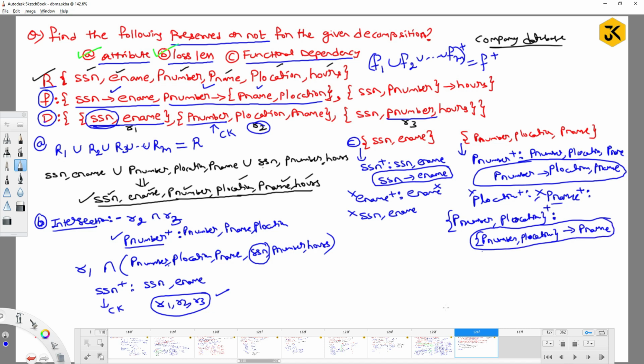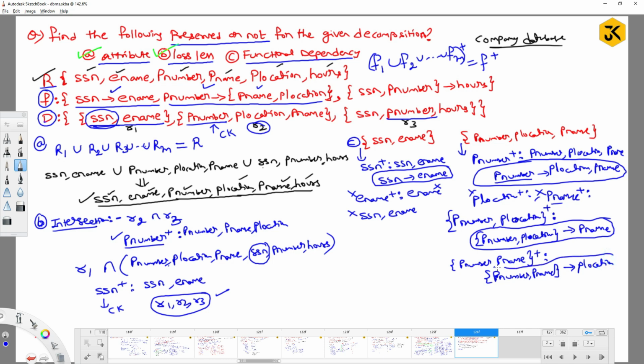Similarly, take P number and P name, another possibility of two-level attributes. The reason is that P number itself is going to determine the remaining two, so if you add this also, you are going to get the other one. That's the reason I am writing it directly: P number comma P name derives P location.